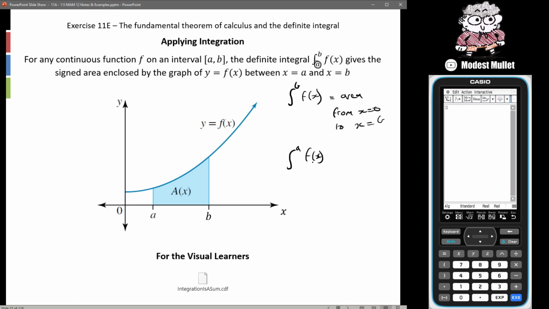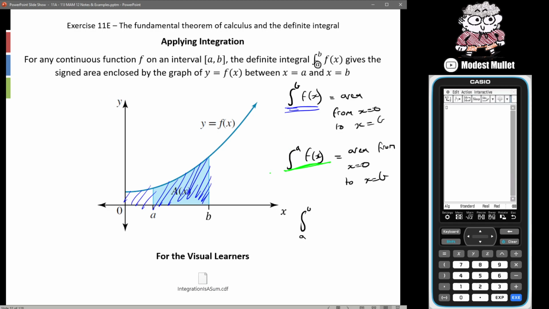Normally it's down the bottom here, but f of x is equal to the area from x equals 0 to x equals b. But when we write it like this, let's put some colors on this. So this is the area from x equals 0, so that's all of that.